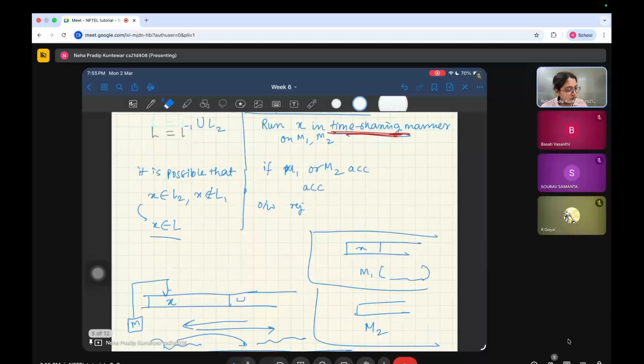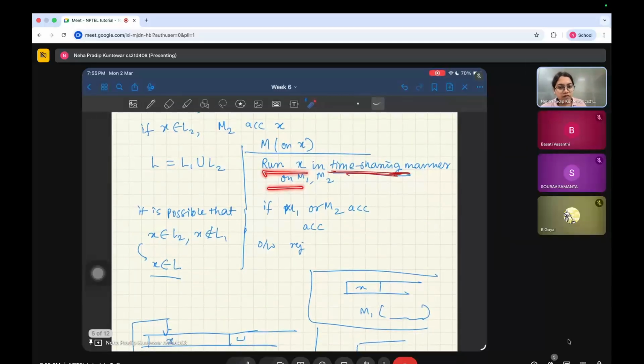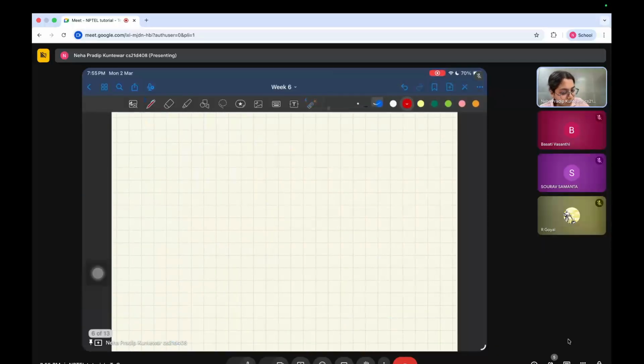So I think if you run the same idea: L is RE and L prime is RE, so let's say via M1 and via M2, then you do the same thing like you did earlier.